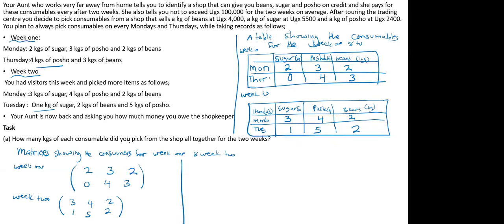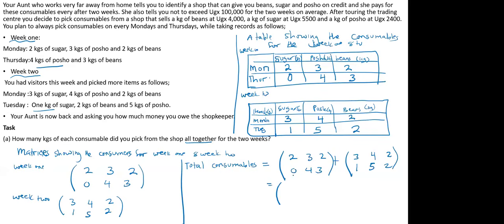Then now, since they have told us that all together, it means that we are going to add the 2 matrices. So here I'm going to say total consumables. Total consumables. Hope that word exists. So now when they tell us total consumables, you get for week 1, and then I'm going to add it on week 2. So Daniela, are you on? Yes, I'm on.